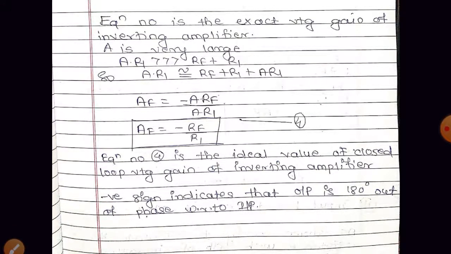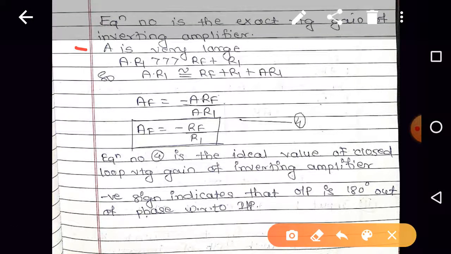The above equation is not the exact voltage gain of the inverting amplifier because A is very large. So we can say that A dot R1 is very large compared to RF plus R1. So A dot R1 is nearly equivalent to RF plus R1 plus A dot R1.